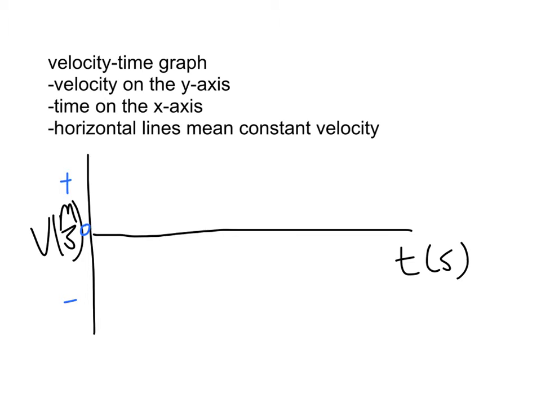Any kind of horizontal line on a velocity time graph will mean constant velocity, and that's all we're going to see for the next few weeks, are constant horizontal lines on the velocity time graph. So say you're moving at a constant positive velocity, you're just going to have a straight line showing the velocity is not changing.